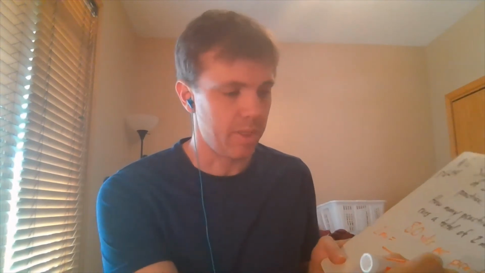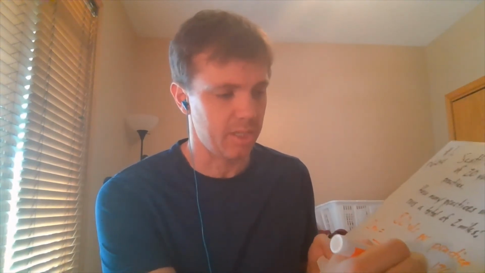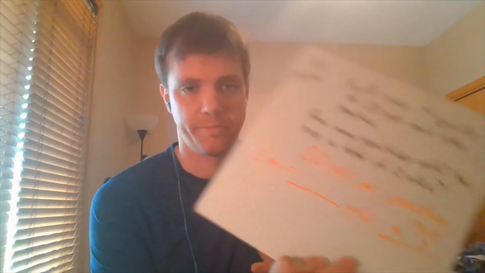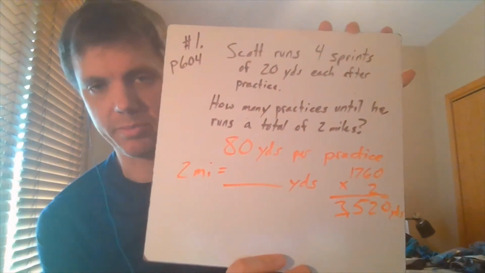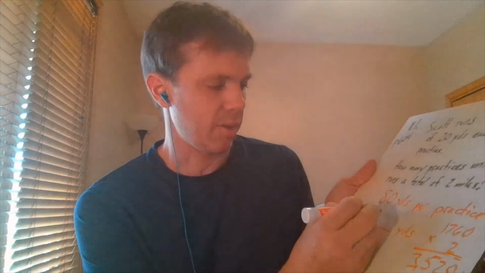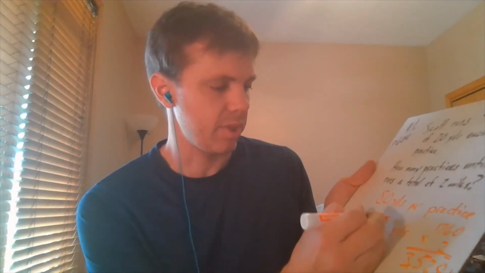So we have to go 2 miles, so we're going to go 1,760 times 2, which is 3,520, I believe. Yep, 3,520 yards for 2 miles. So that's where we're at here, 3,520.